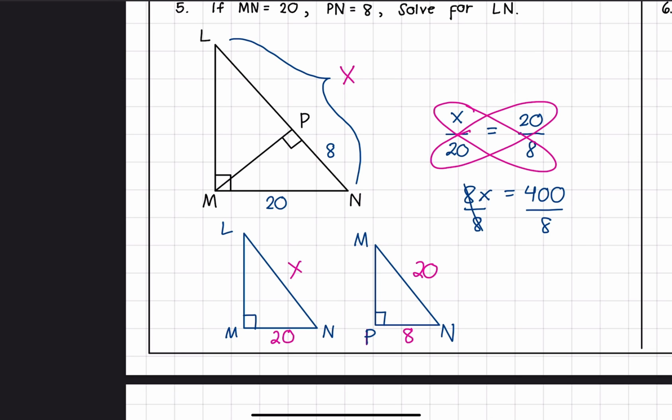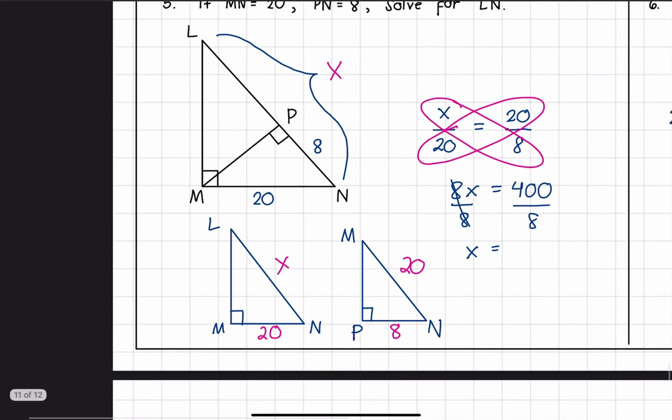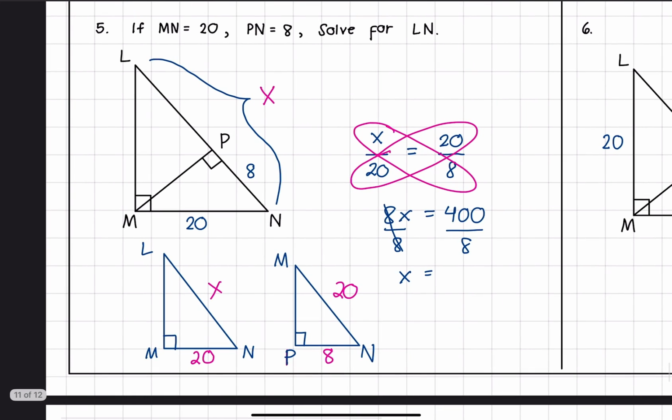So 8 divided by 8 is 1. So we only have x here. And 400 divided by 8 is 50. Okay, so now we know that x is equal to 50. And again, class, x is the measure of LN, the measure that we're looking for. So LN is equal to 50.